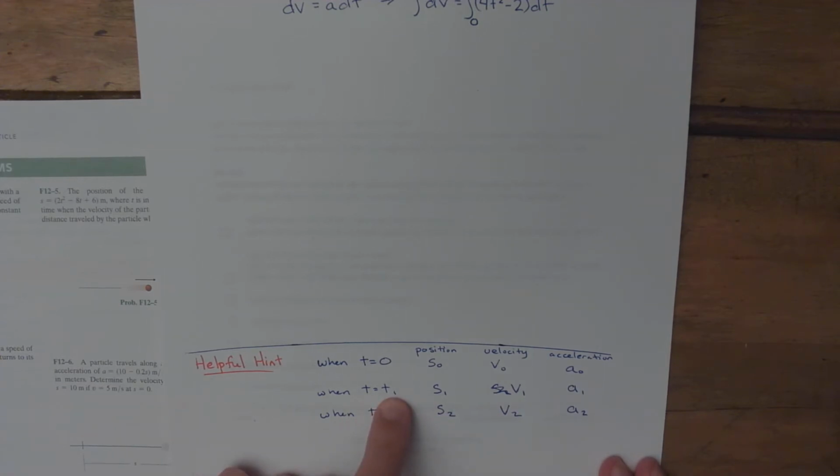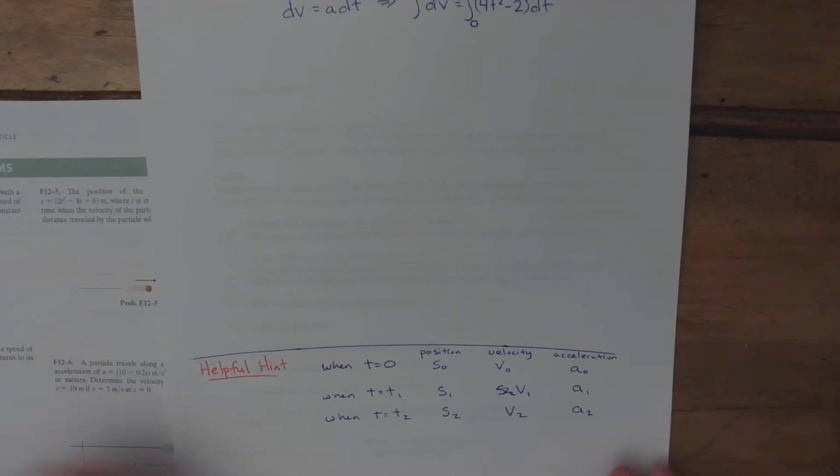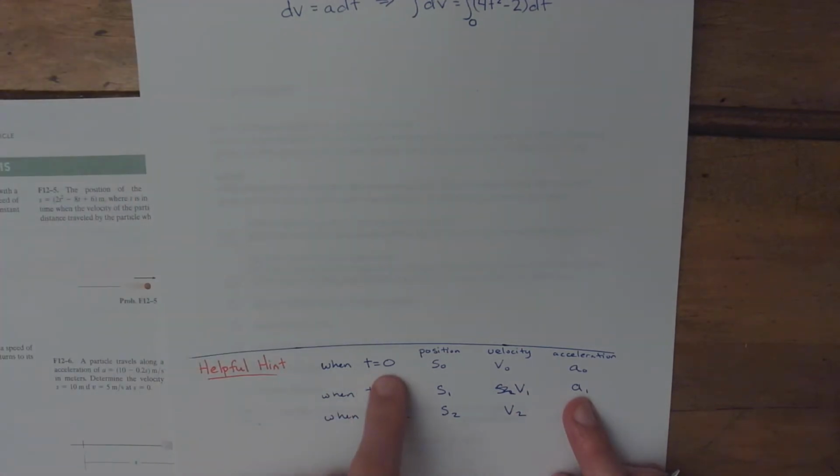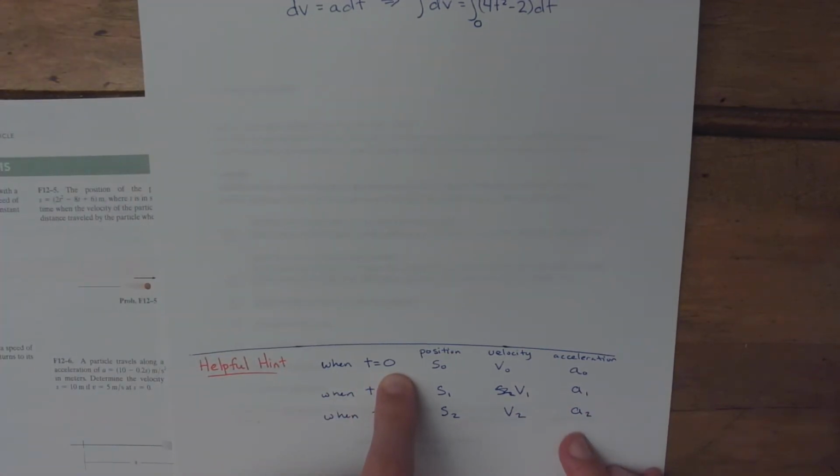Similarly, if t was equal to t1, the corresponding position, velocity, and acceleration would be s1, v1, and a1. And when t is equal to t2, we have s2, v2, and a2. So you're not necessarily saying what the position, velocity, and acceleration are. You're just saying this is the position at time 1, or the velocity at time 1, or the acceleration at time 1.